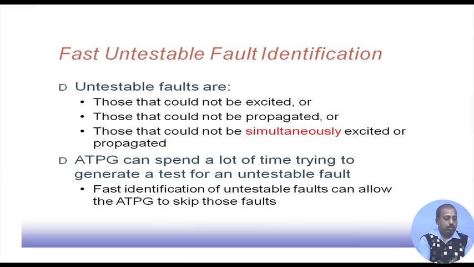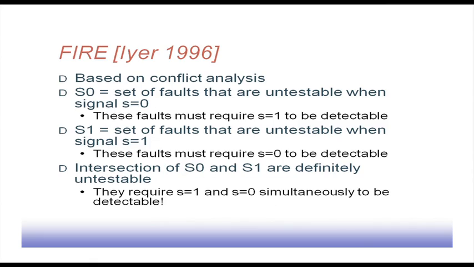Naturally, the problem is that ATPG will spend a lot of time trying to generate a test for an untestable fault. So if we have a fast identification of untestable faults, it will allow the ATPG to skip those faults and try to generate test patterns for the remaining faults. The work by Iyer in 1996, FIRE, is a tool that has been reported.